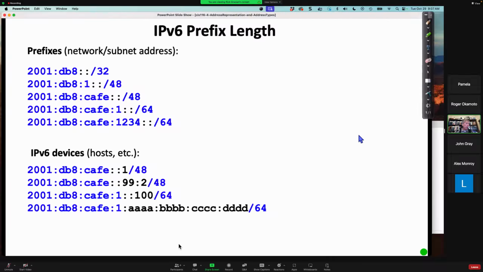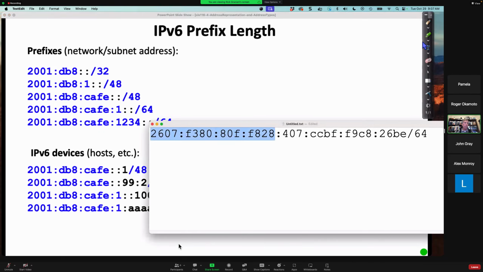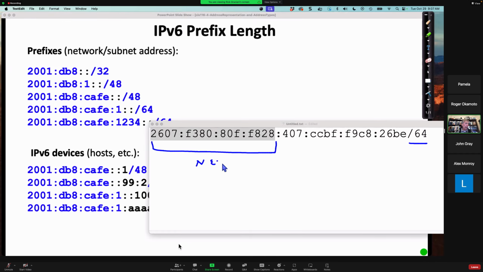If you notice here, what I'm showing you is that if this is a /64, we have 64 bits that represent the network, and specifically, this is our subnet. Now, what does that leave us with? That leaves us with another 64 bits for what we call the interface ID or host portion.